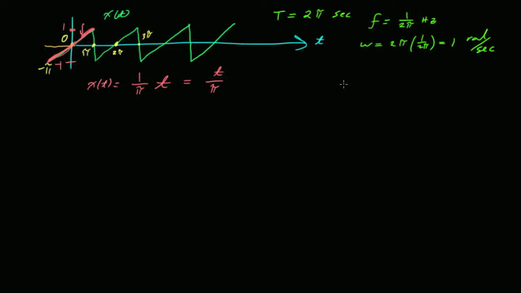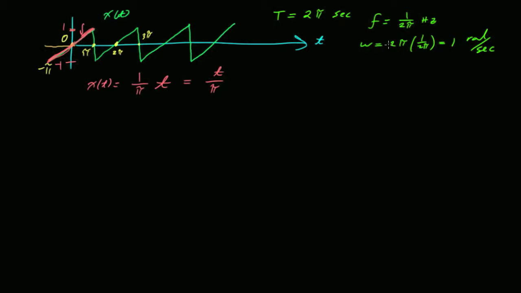Is it because it's not continuous? It's continuous, but continuity isn't the issue. Even if it had sharp spikes, that wouldn't be a problem. What you're going to find is, if it was a pure tone, if it was a cosine, then this would be the only frequency that I need to rebuild it.